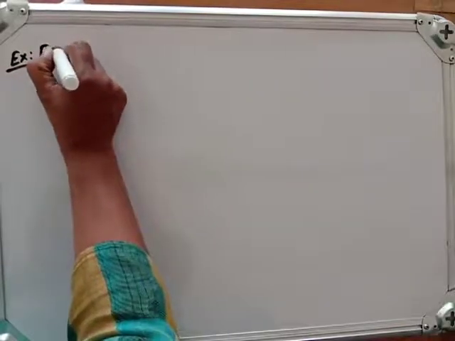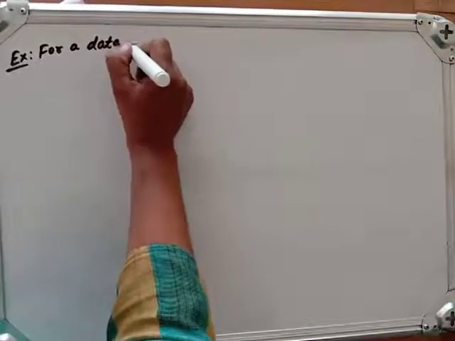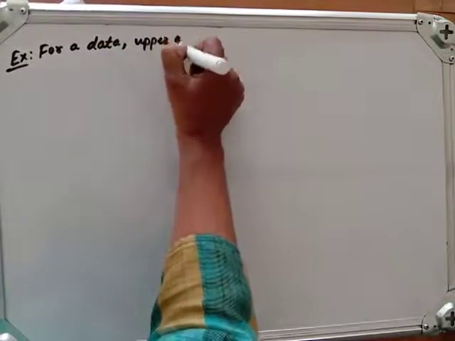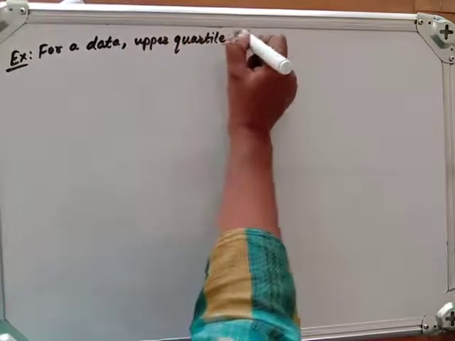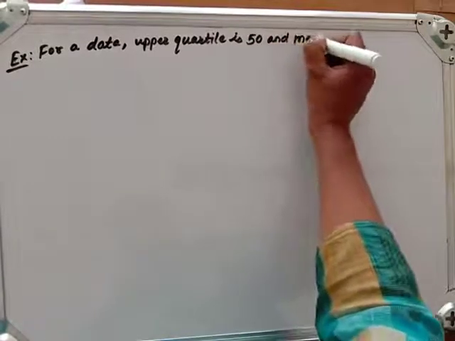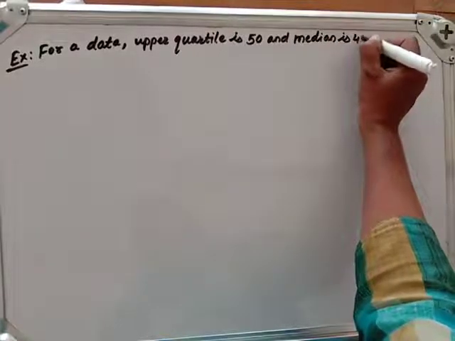For data, the upper quartile is 50 and the median is 40.